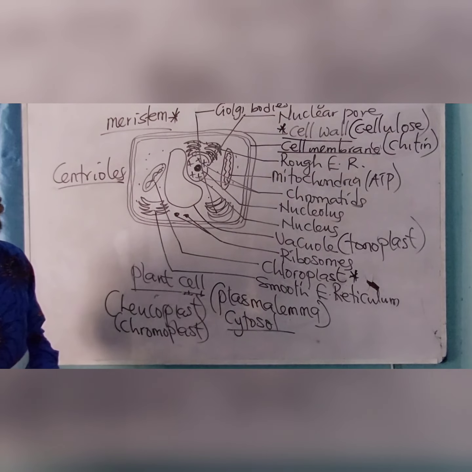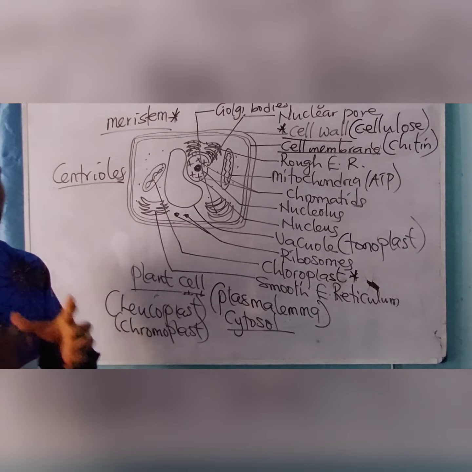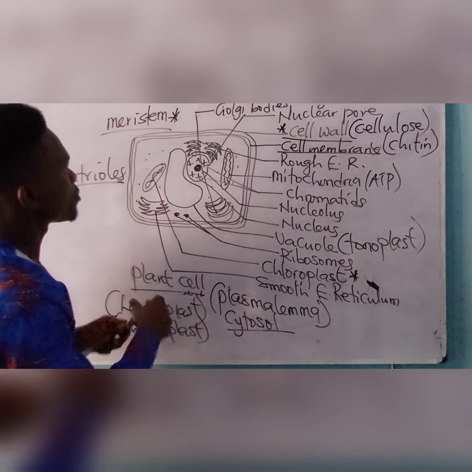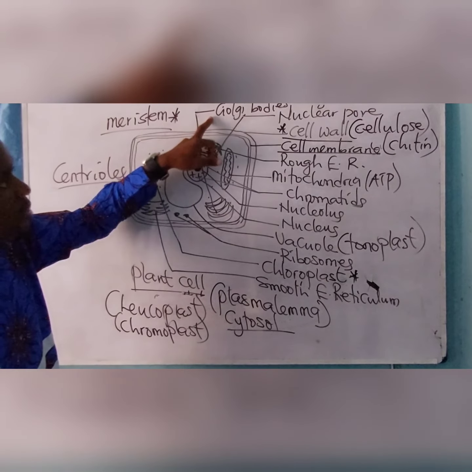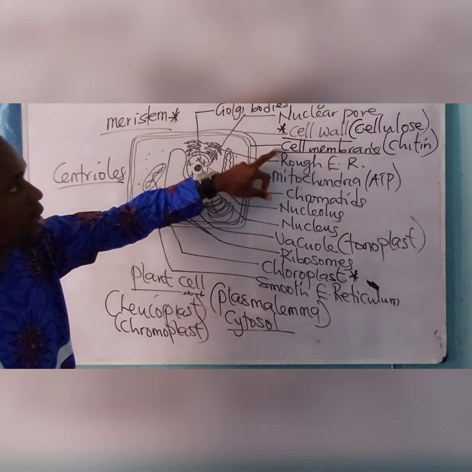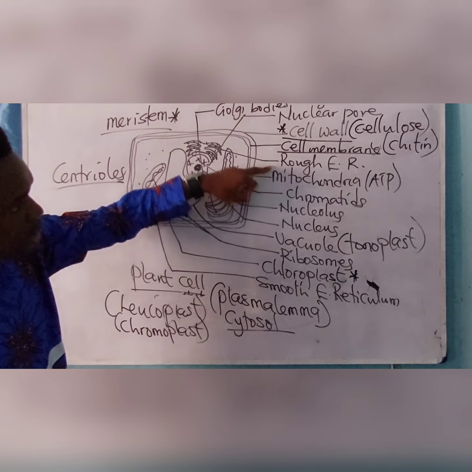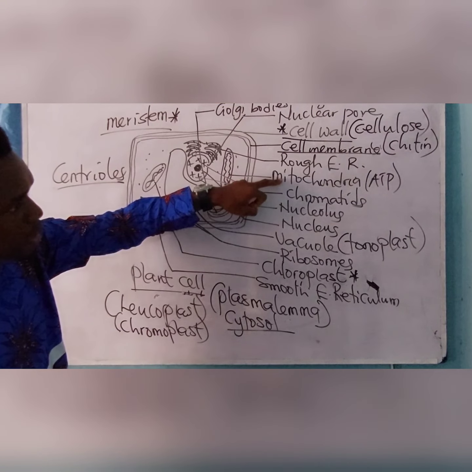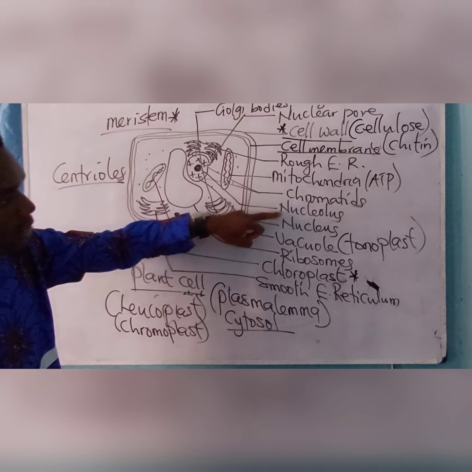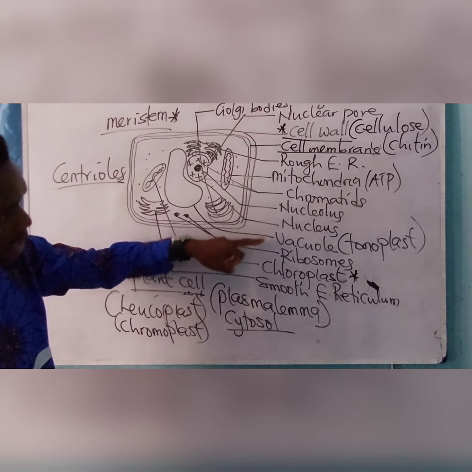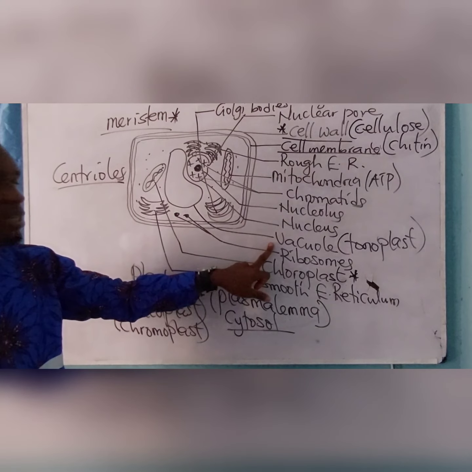Now, what are the similarities of plant and animal cells? What do they have in common? Both of them have Golgi bodies, cell membrane, nuclear pore, rough and smooth endoplasmic reticulum, mitochondria, chromatids, and nucleus. In plant cell, there is presence of what?